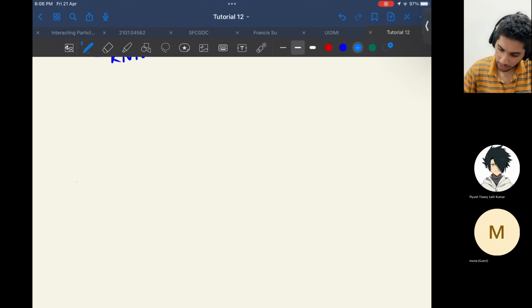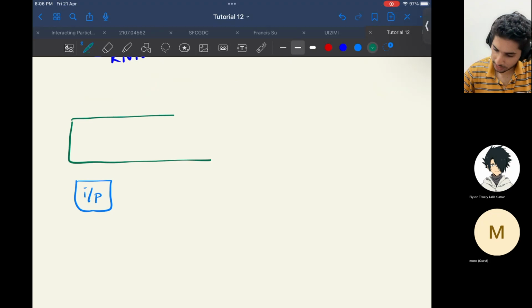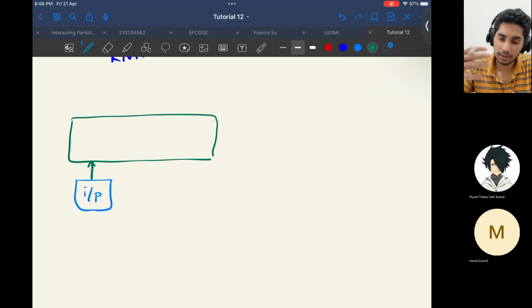There is an encoder model, which encodes the information that is there in this input. This encoder model takes the input, and in some sense it outputs a summary of this input, some sort of summary S.